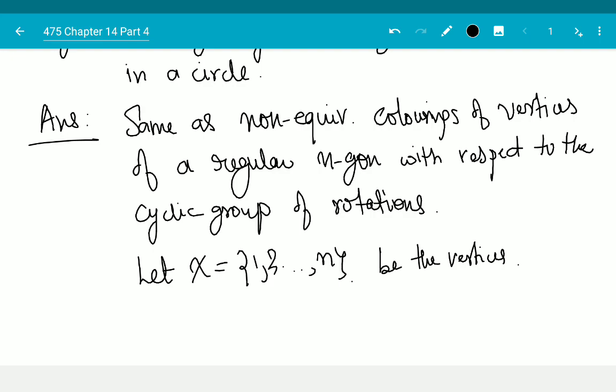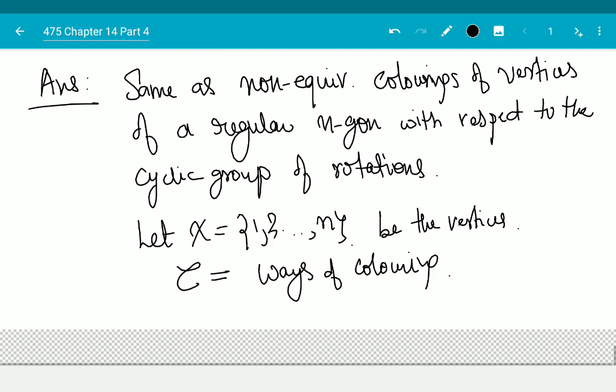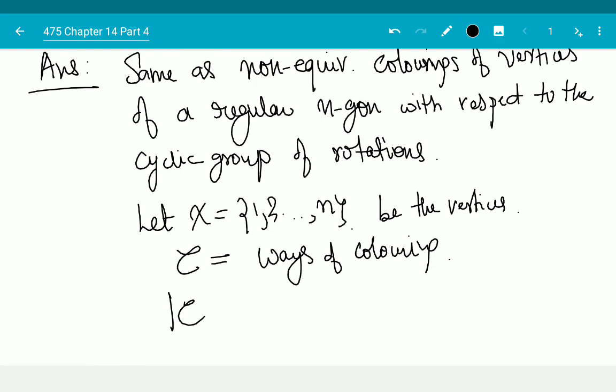Well, I'm going to say C is equal to the set of ways of coloring, right? And now the order of C is equal to n factorial.